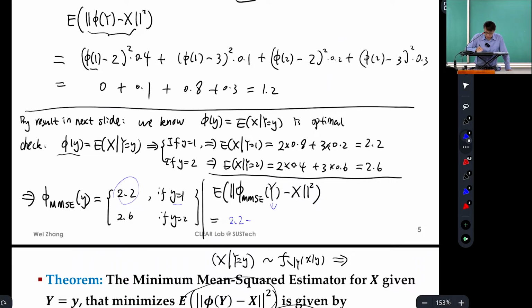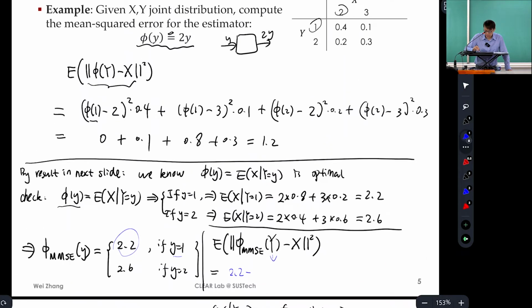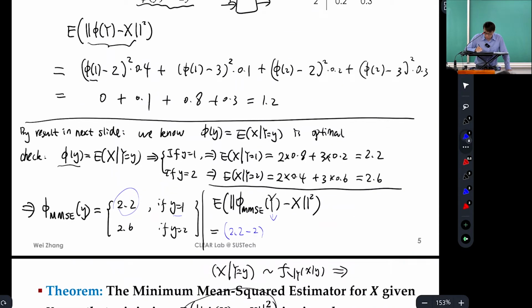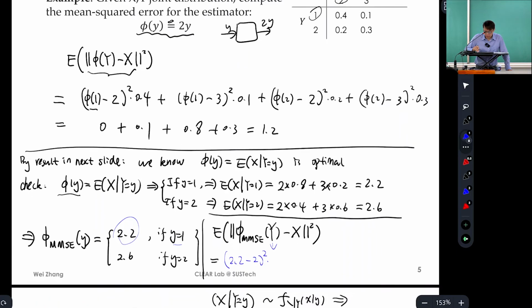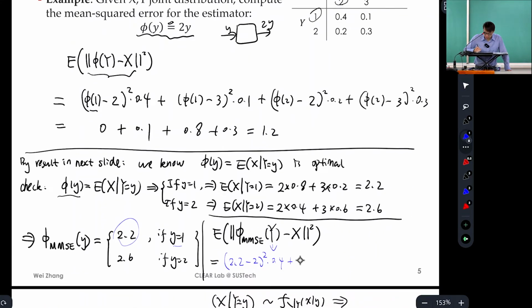So it will be 2.2 minus the cases for x: x equal to 2, then 2 squared times the probability of this pair occurring, 0.4, plus y equal to 1, I still guess 2.2 minus 3 squared times 0.1, plus, if now y equals 2, then I always guess the estimate is 2.6 minus, first one is 2 squared times 0.2, plus 2.6 minus 3 squared times 0.3.